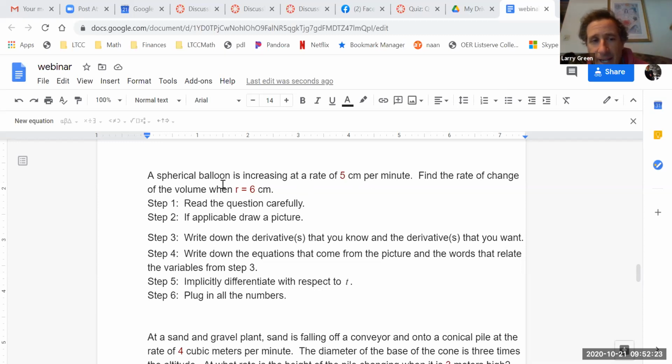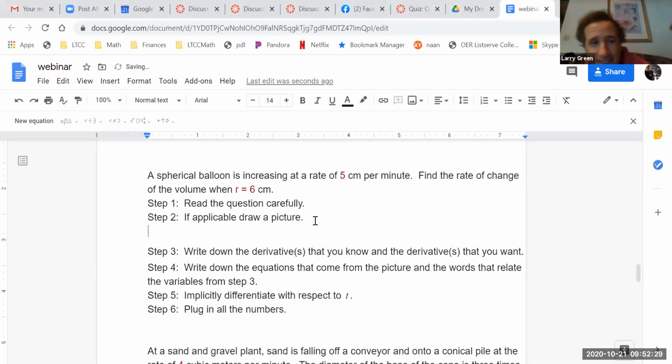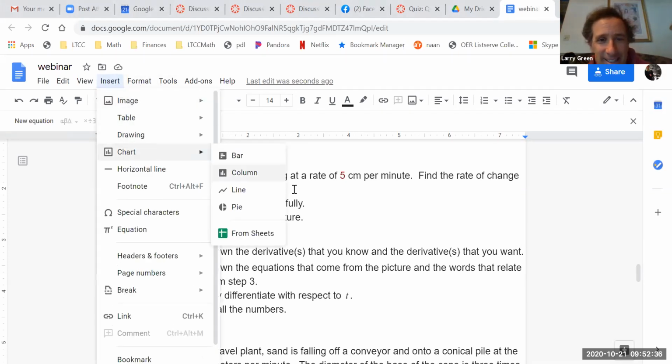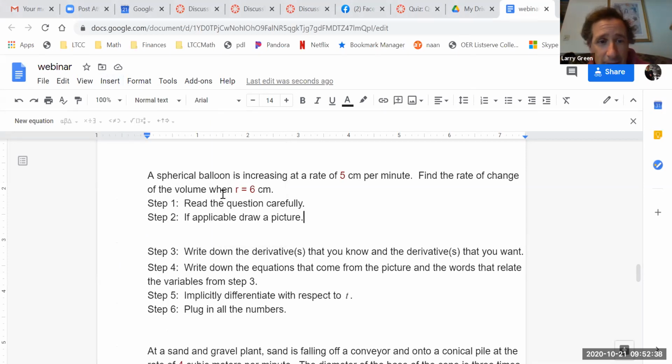So hopefully you can think about this and imagine drawing the picture. We'll see if this actually works because it didn't last time. But I'm going to try drawing a picture. We have a spherical balloon, by the way, and that's all we know.